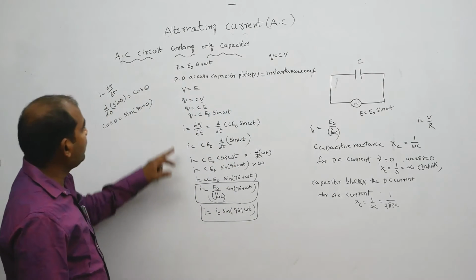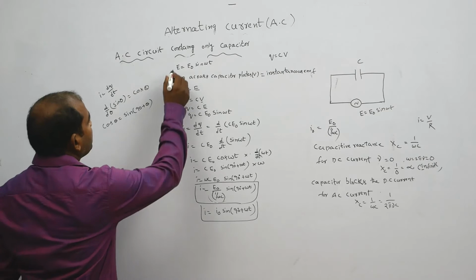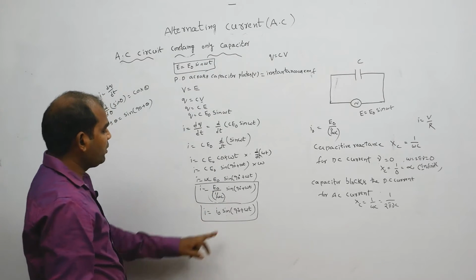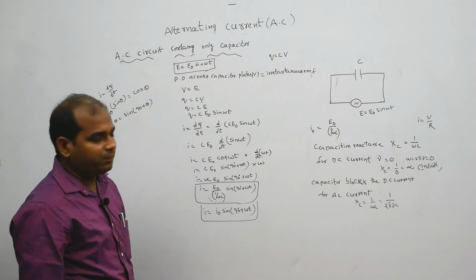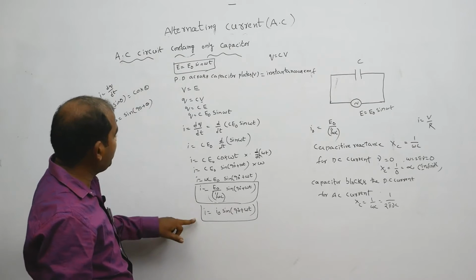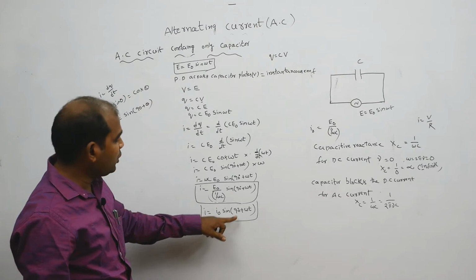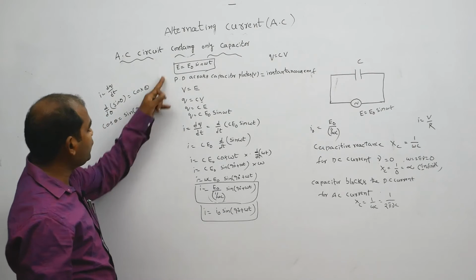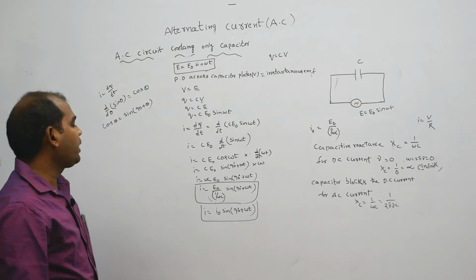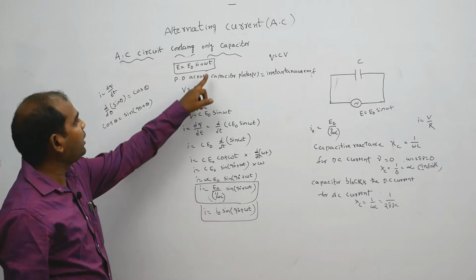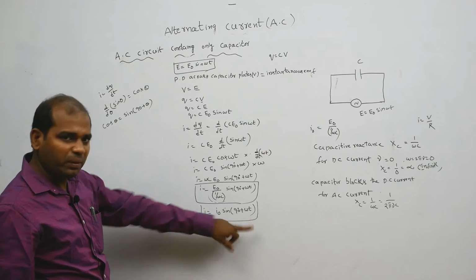We need to remember this. Now come to the expression E is equal to E naught sin omega t, and I is equal to I naught sin of 90 plus omega t. By comparing these two equations, we can understand that a phase difference exists. Here the angle is omega t, there the angle is 90 plus omega t.